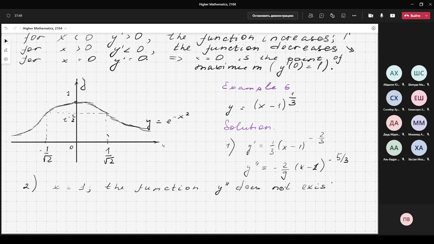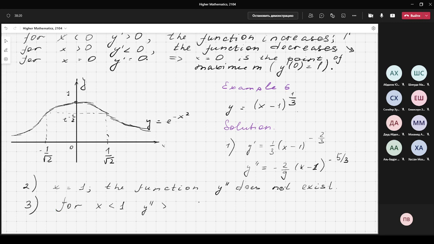The third. Investigate for the value x equal to 1. For x less than 1, y double prime is greater than 0.